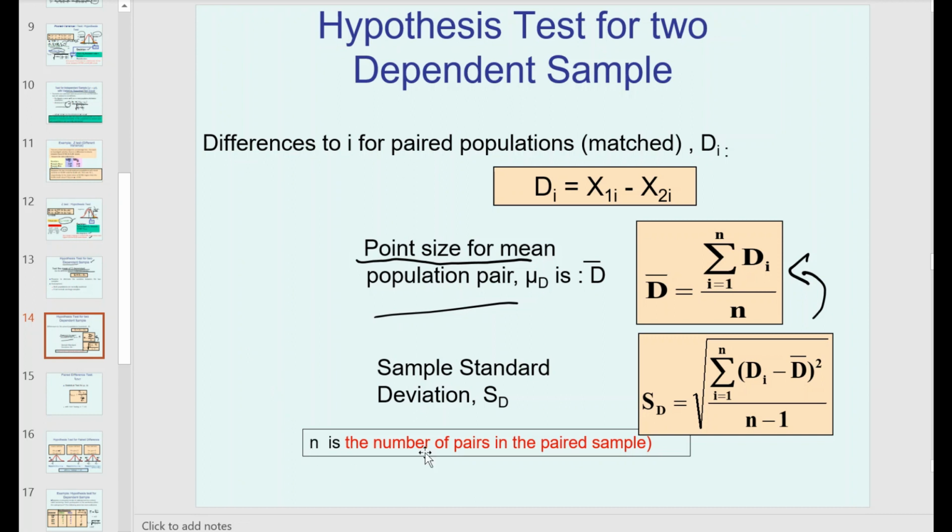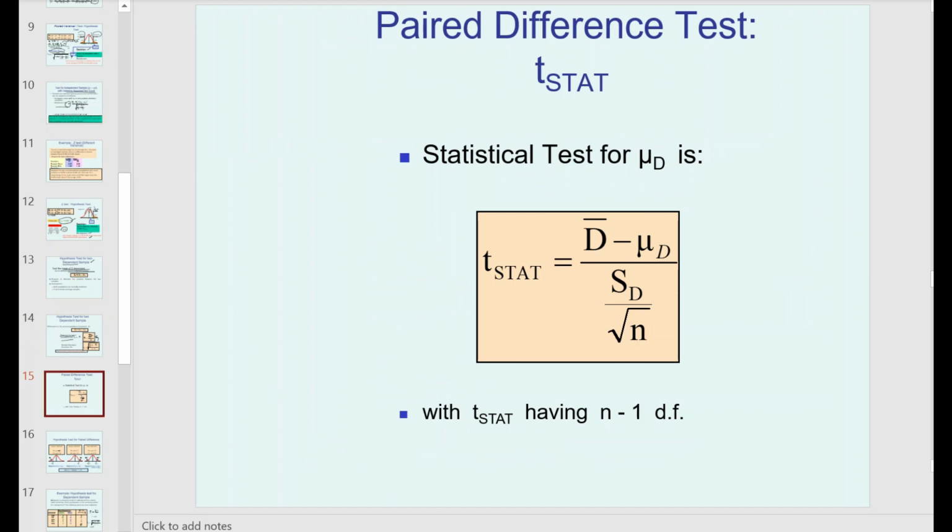So what is n? n is the number of pairs in the paired sample. For the paired difference test, we use the t statistic for mu D. This is the formula being used: D bar minus mu D, where D bar is the average of the paired sample and mu D is the hypothesized average. SD we have seen the formula previously.